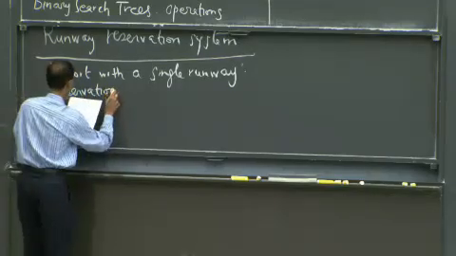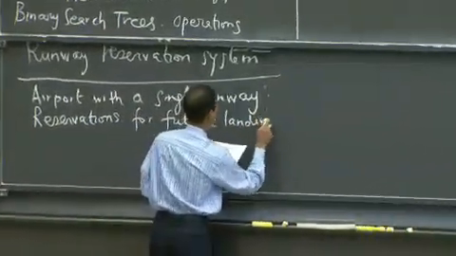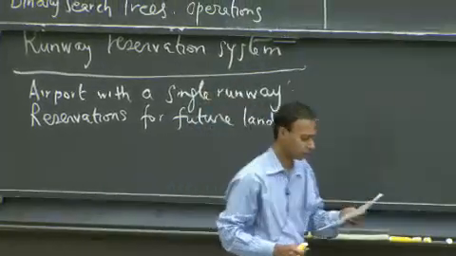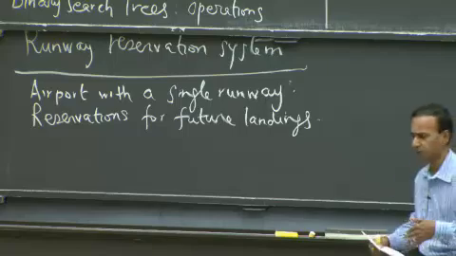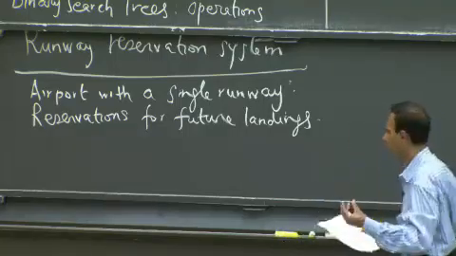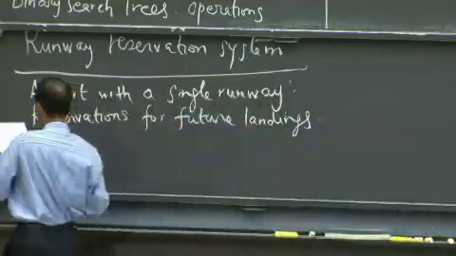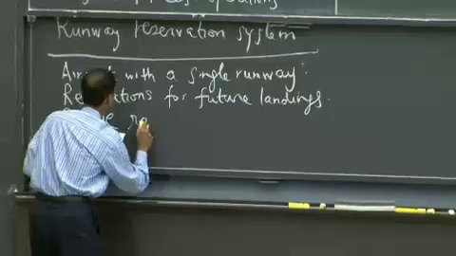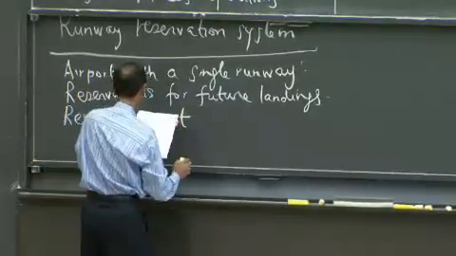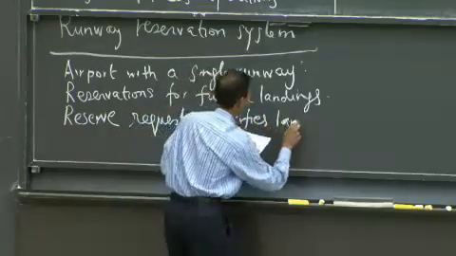So reservations for future landings is really what this system is built for. There's a notion of time. We'll assume that time is continuous, so it can be represented by a real variable or a real quantity. And what we'd like to do is reserve requests for landings, and these are going to specify a landing time.